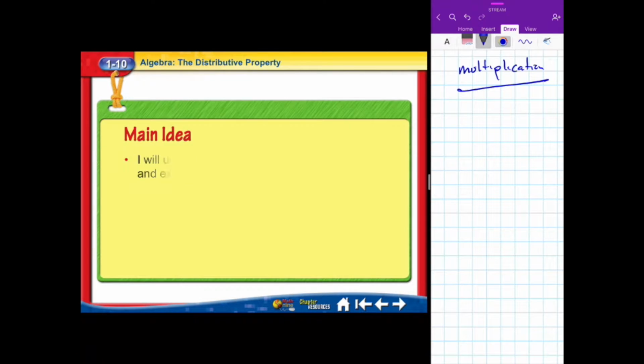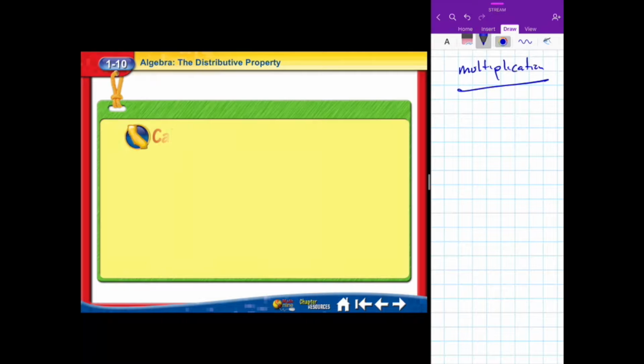Today's main idea: I will use the distributive property in equations and expressions. So we're going to be distributing numbers to make multiplication a little bit easier, all under the idea that we're using algebra. So we're going to have variables in there that are going to be important to know.